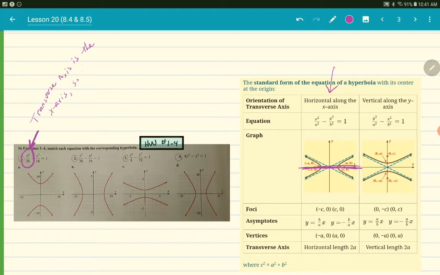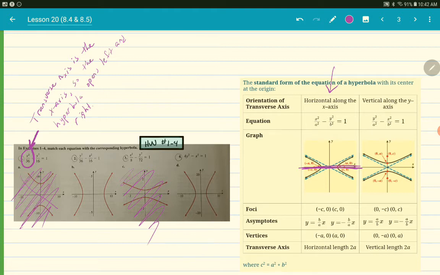So this hyperbola opens left and right versus up and down. So I know it's not A, and I know it's not C. So it must be B or D.